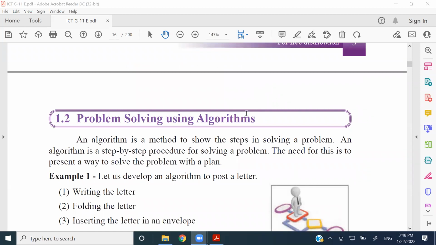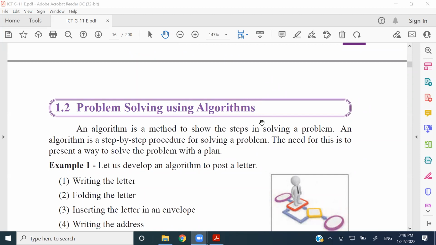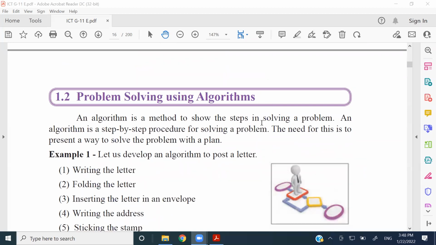Now, when it comes to programming, there is a way of illustrating our solution to be converted to a program, right? So the plan that we are making is called an algorithm.